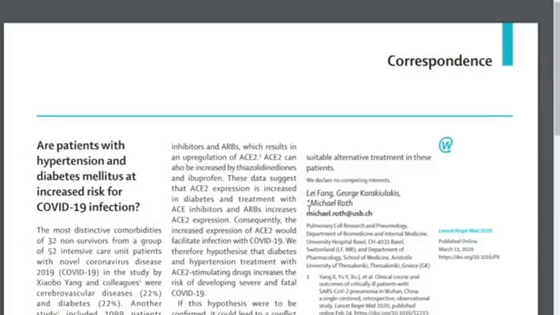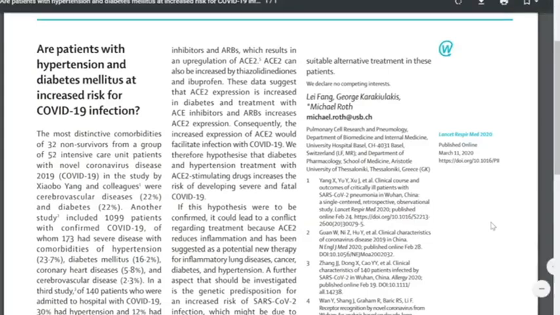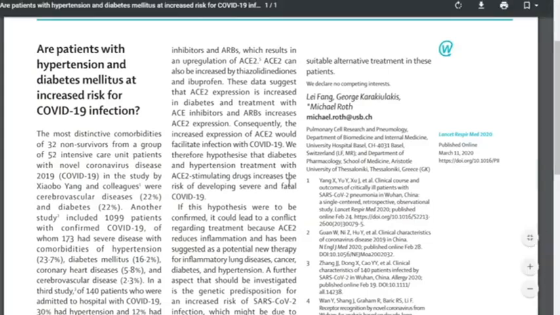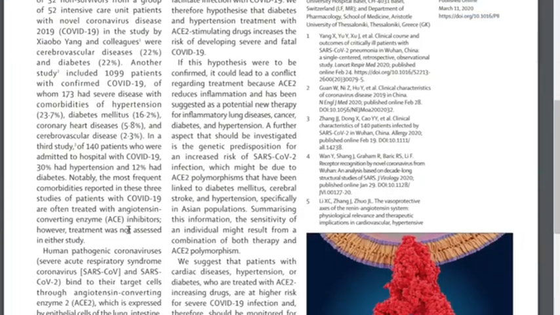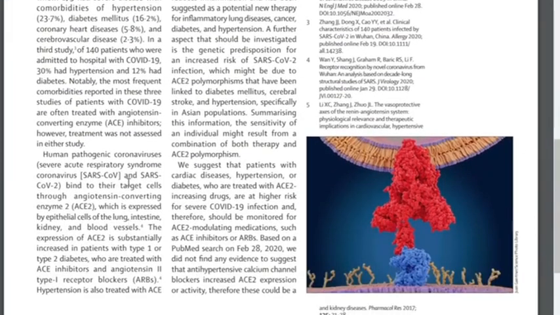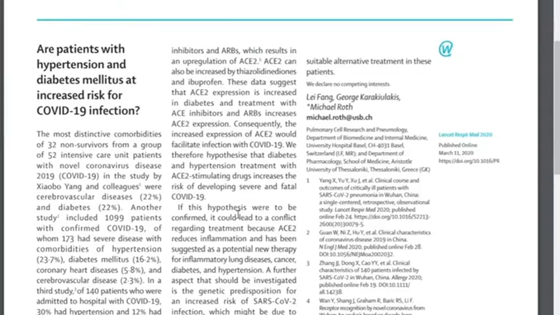So here is an article that was sent to The Lancet, was published on March 11th, 2020. And the question is, are patients with hypertension and diabetes mellitus at risk for COVID-19 infection? And they talk about the incidence of cardiovascular diseases. They talk about the SARS-CoV virus and SARS-CoV-2 and the ACE-2 protein, which is the receptor for this.